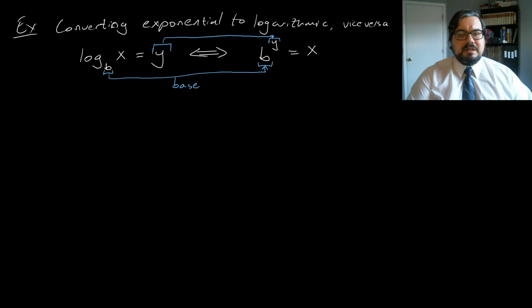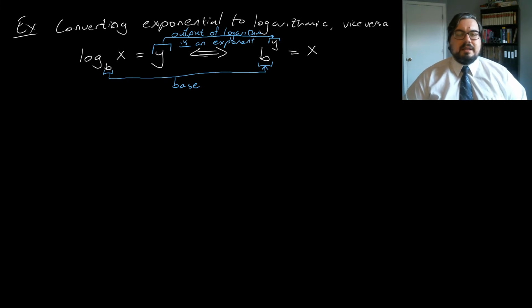And what I like to do here is to remember the following principle, that the output of a logarithm is an exponent. In an exponential function, the input to the function is the exponent. That's why it's called an exponential function.